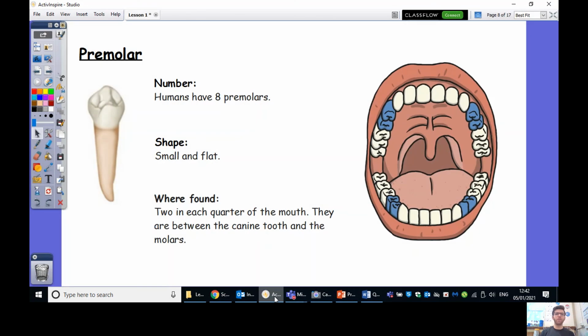Good, so hopefully you've got canines there named after the dog, because they're sort of like sharp, pointy dog teeth. And then the third one that we have just looked at, that we've got 2, 4, 6, 8 of over there. 3, 2, 1. Hopefully you got premolars. Premolars over here. Those small and flat ones that we've got.